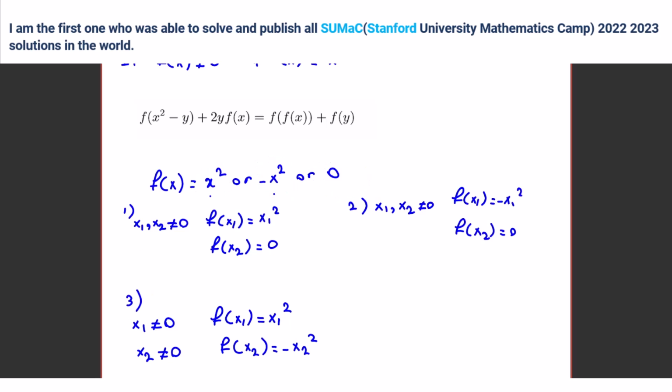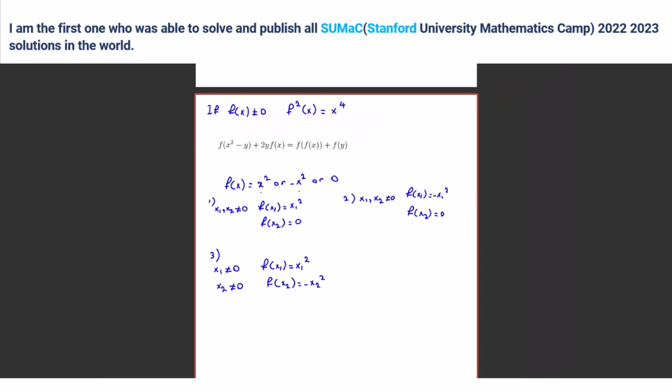Wait, I'm kind of confused. What is f of x2 equals 0? Wouldn't that have to be 0? Can you say it again? What's the problem? If x2 is not equal to 0, how does f of x2 equal 0? Because here we proved f of x is 0 or x squared or negative x squared.